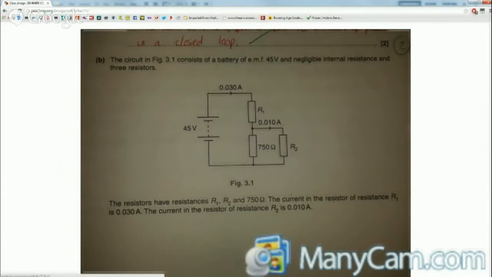So that's a lovely diagram. Where's the actual question? And congratulations on the 2 marks.